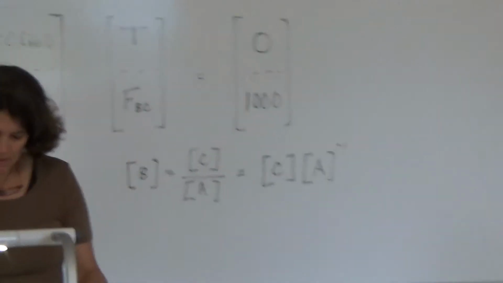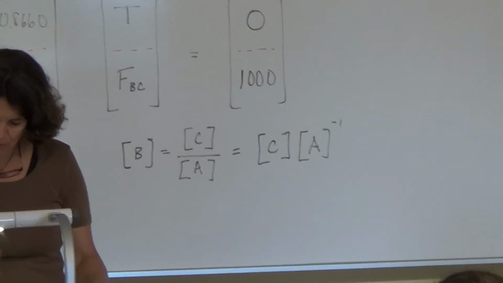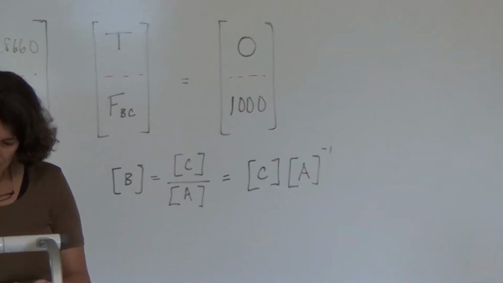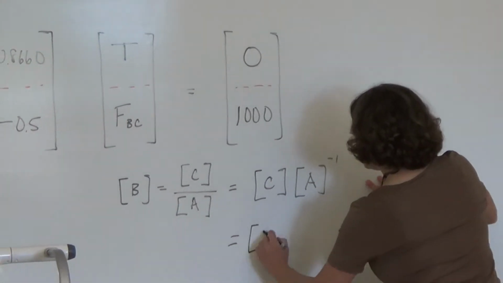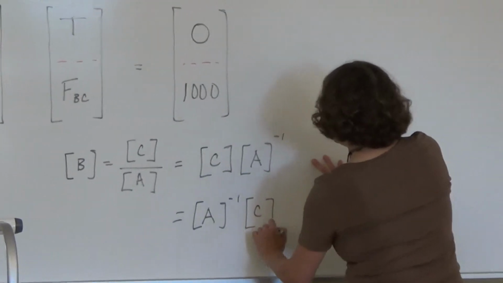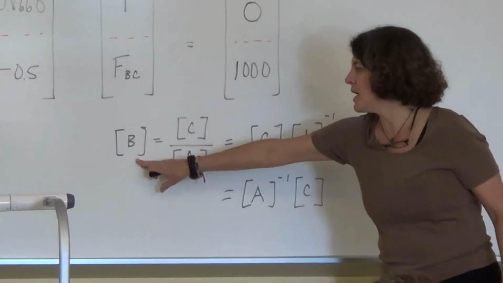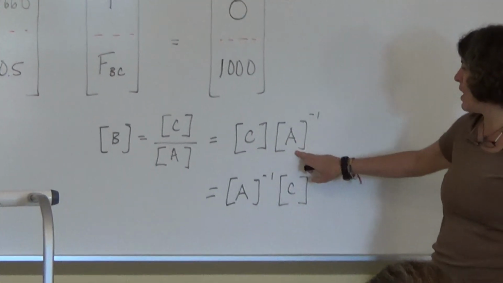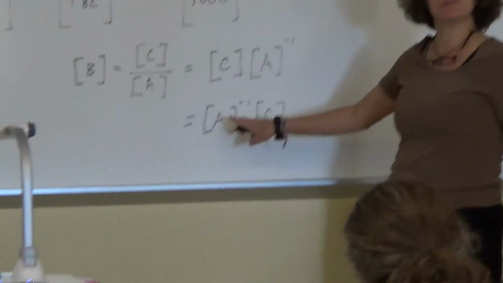Okay. Each calculator does it a different way, so you can find out what your calculator does. One way gives you an error message and the other way doesn't. In order to solve for matrix B, it's matrix C times the inverse of A. Does anybody know which one is the correct way?